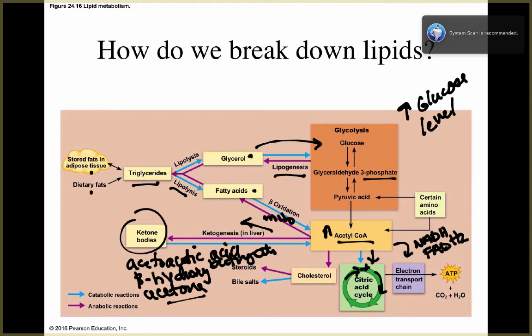A lot of times you can figure that a patient has ketoacidosis by smelling their breath. It can smell fruity, and that's from vaporizing the acetone that's in your body. It's trying to get rid of it in some way.